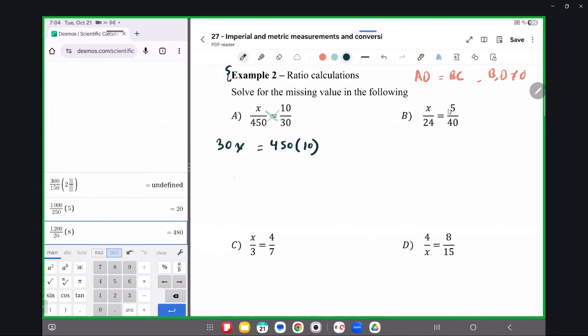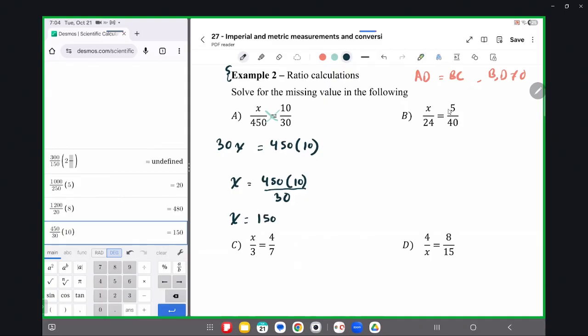And so my answer will be whatever 450 multiplied by 10 divided by 30 is. And this looks like it's going to be 150. Yeah, we get this 150. And all calculations will look something like this eventually.